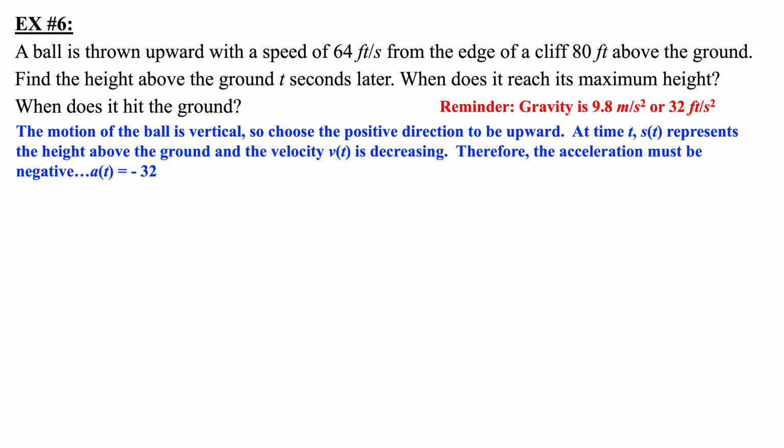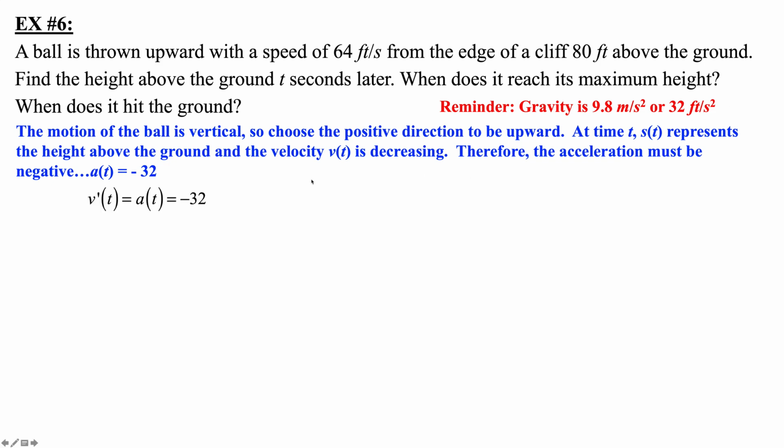At time t, s of t represents the height above the ground, and the velocity of t is decreasing. Therefore, acceleration must be negative, so a of t equals negative 32. So we're just starting with a constant.